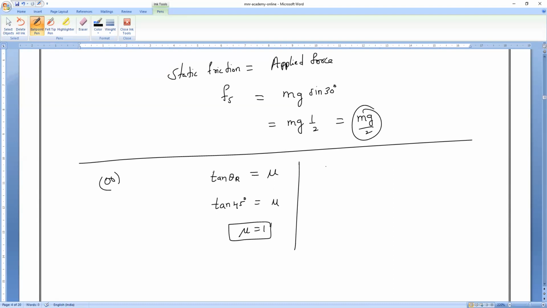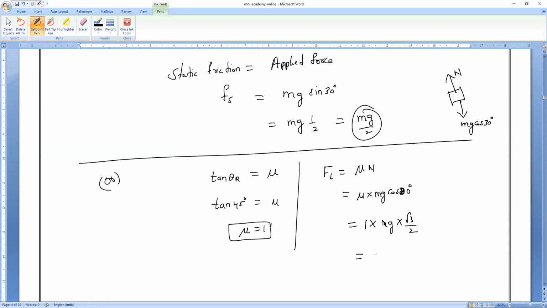Then we can find the maximum limiting friction. The limiting friction is equal to mu into N. Now N is mg cos 30, acting in the downward direction. So it is equal to mu, which is 1, into mg into cos 30, which is root 3 by 2.